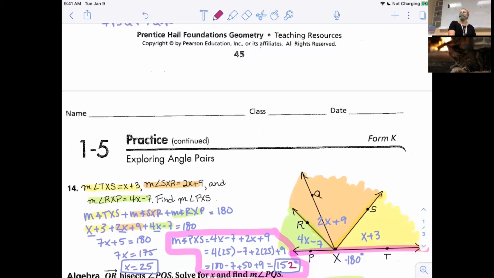Then I solved for x and I got 25. And then my final answer was to find the measure of PXS. That's the green angle plus the orange angle. So I had to add those 2 expressions up, substitute in x equals 25, and then solve. And I got 152.